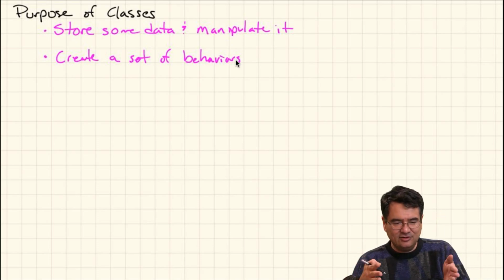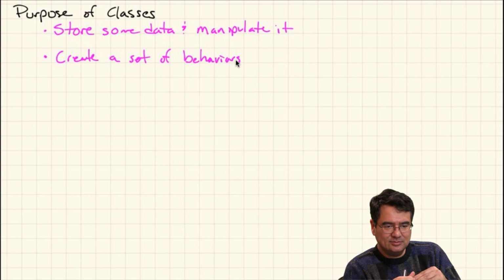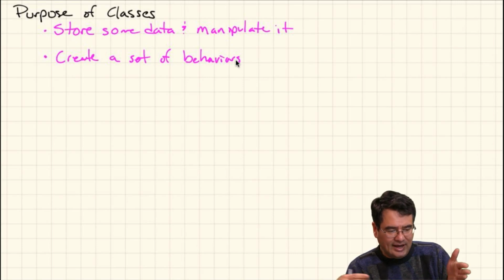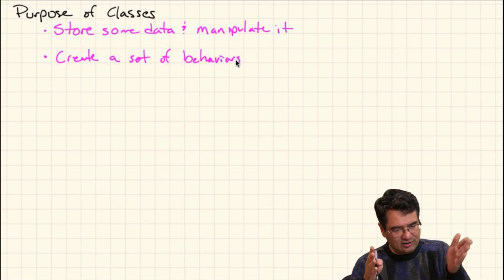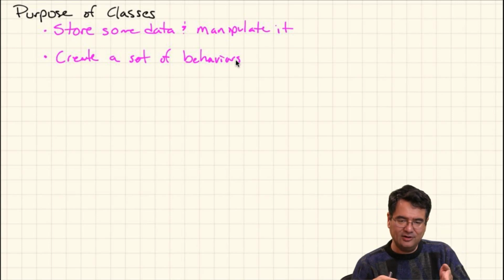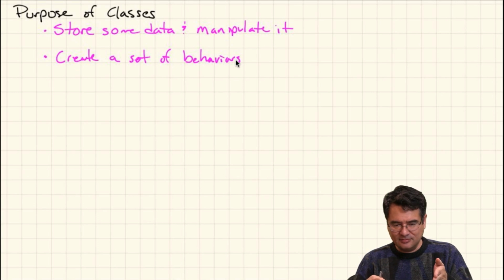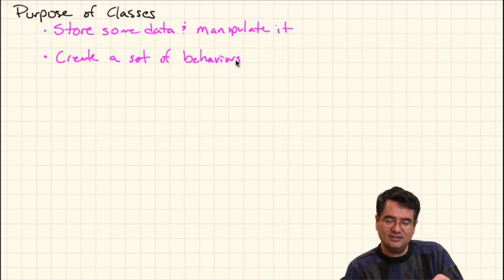So then you start thinking about, well, what kind of data do I have to store to make this set of behaviors possible, right? If I want to be able to add cars to a freeway, I've got to have some way to store all the cars that are in my little section of the freeway. And if I'm going to have several lanes, like a 4-lane freeway, I've got to have some way to store information about those 4 lanes, right? So I think about what I want my class to do, and then from that, I figure out what data I need to make those behaviors happen.